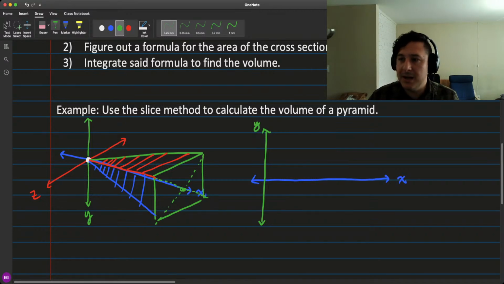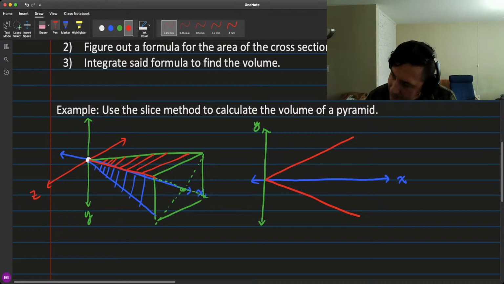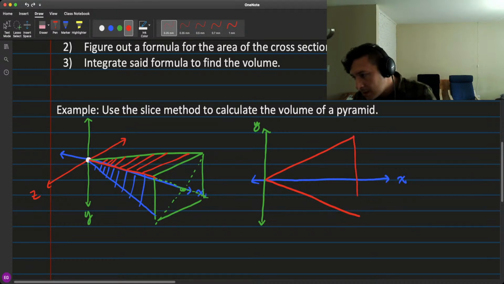And what you've got going on is a line going up like that, a line going down like that, and this, oops, it's a little crooked. Let's make that straighter. Okay, right here was the base.